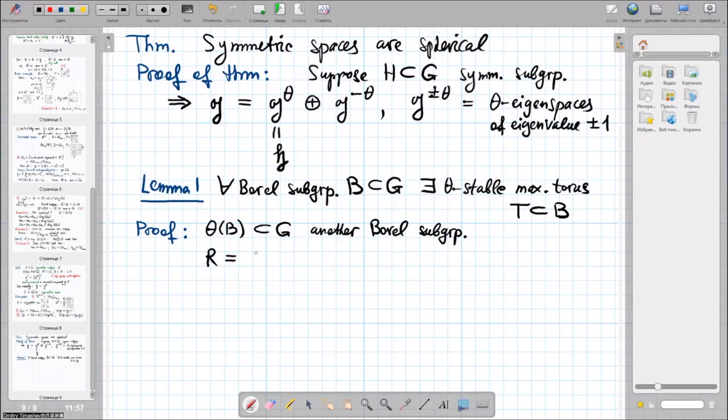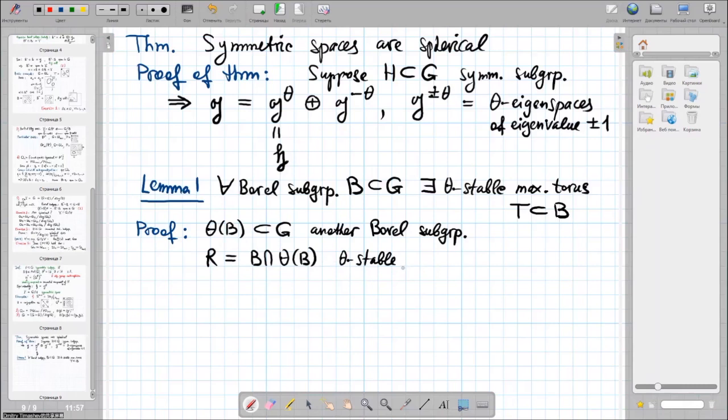Let me denote it by R. This is B intersect with theta of B. What can we say about this subgroup? It is theta stable, obviously, because theta is an involution, it interchanges B and theta of B. So the intersection is theta stable.